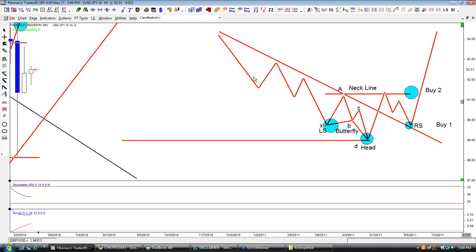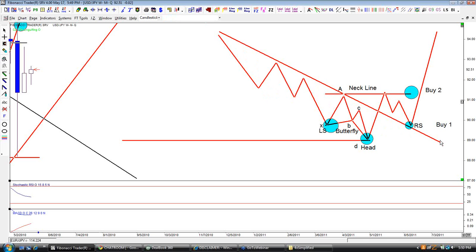So just to refresh, head and shoulders is a reversal pattern. We need to take the trend line, the previous high, if it's a bullish head and shoulders. That means that price has been trading bearish before that. Price has been forming lower lows, lower highs.